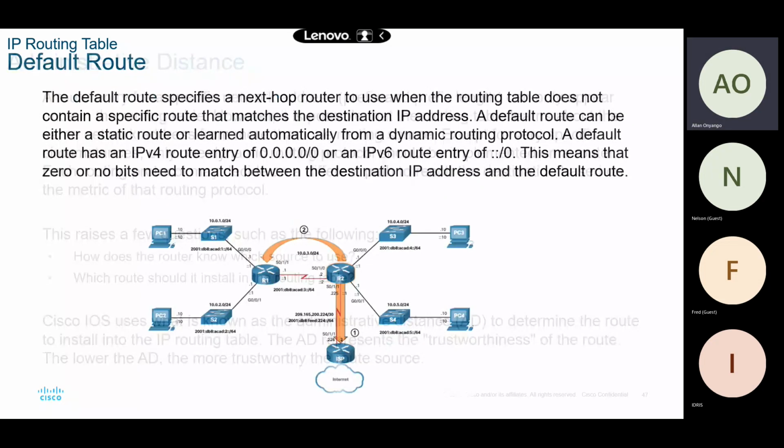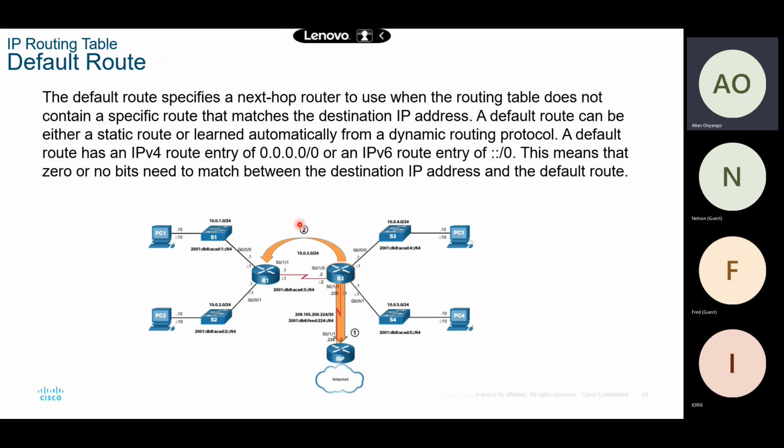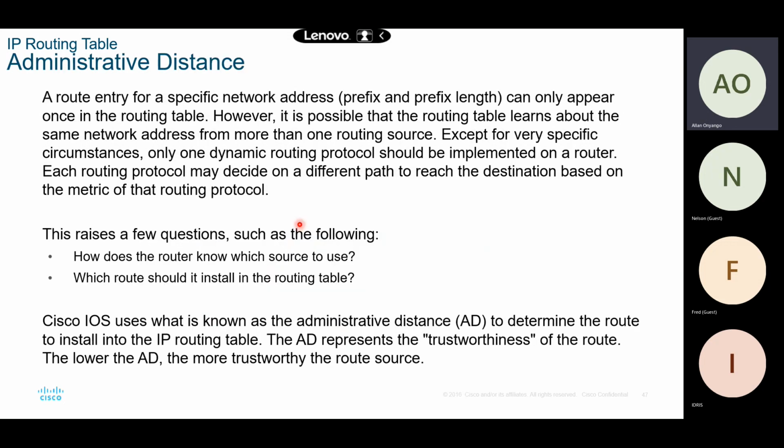Of course, we also have what are called default routes. I will show you how to configure default routes within your network, and I'll give you more illustrations later on. I did talk about administrative distance, and I said this is the trustworthiness of the route.